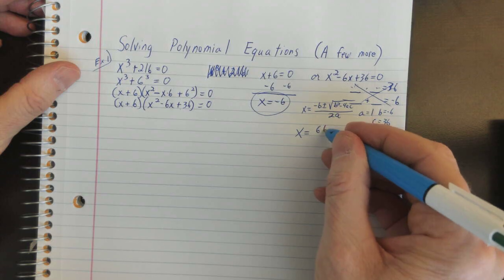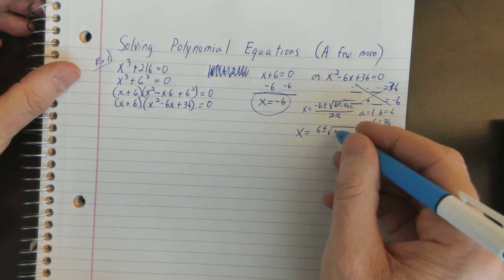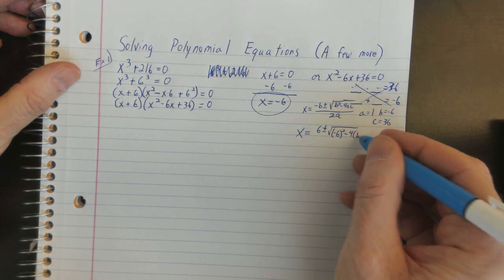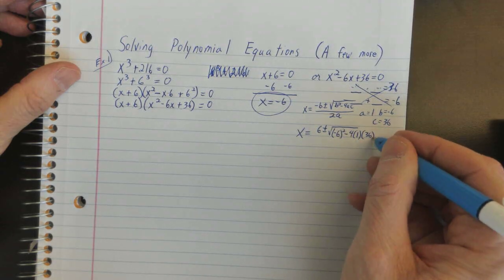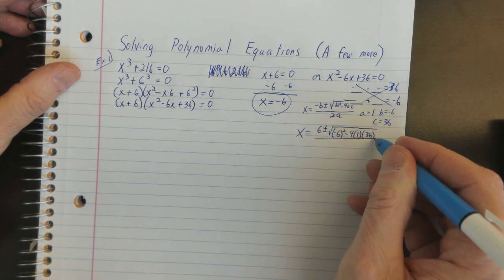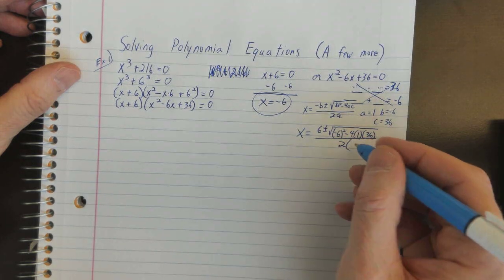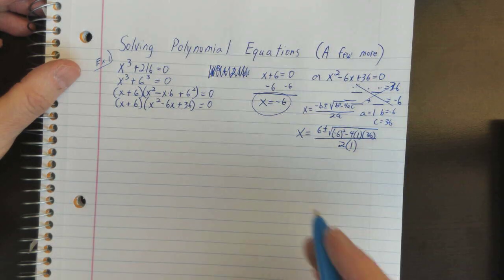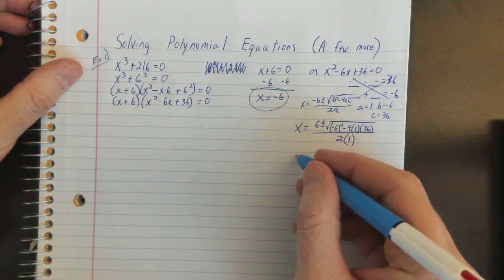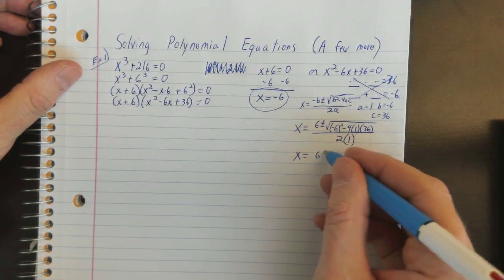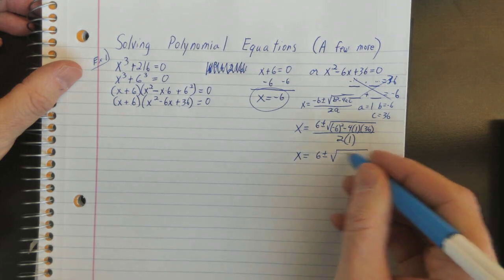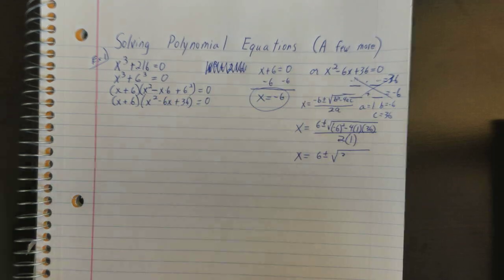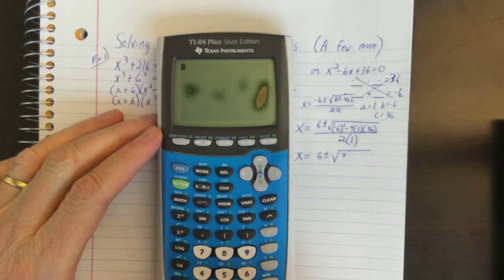Double negative is positive. 6 plus or minus the square root of negative 6 squared minus 4 times 1 times 36, over, and we're going to give all the solutions to a. a is 1, and you'll see why I'm saying all the solutions here in a minute. x is 6 plus or minus the square root of, let's see, I'm just going to do that calculation under the radical.